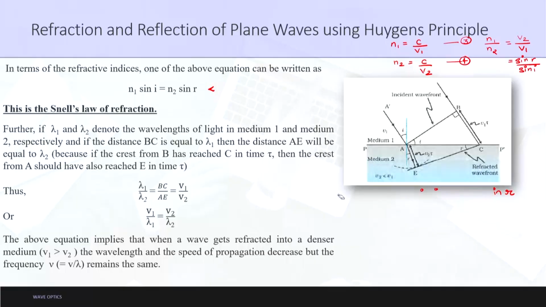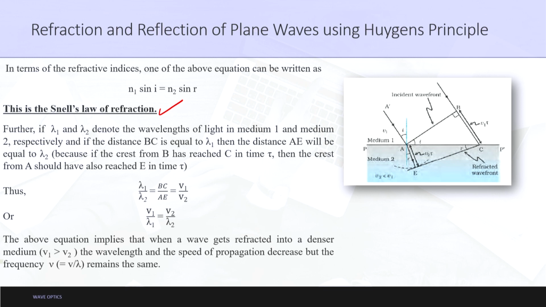And sin r will be multiplied with the refractive index of medium 2. Hence, the equation is quite easy to understand and remember, that is n1 sin i is equal to n2 sin r. This is known as Snell's law of refraction.